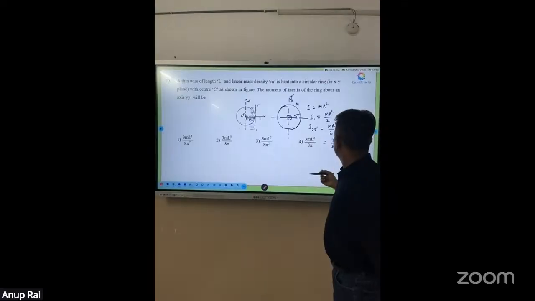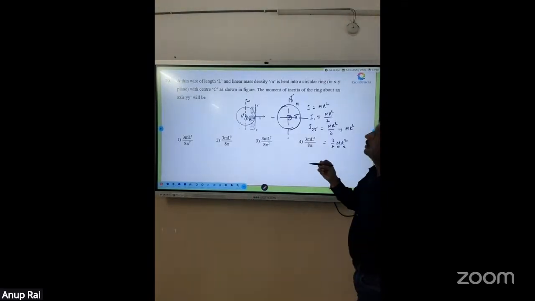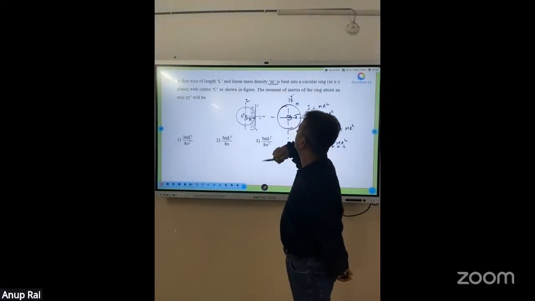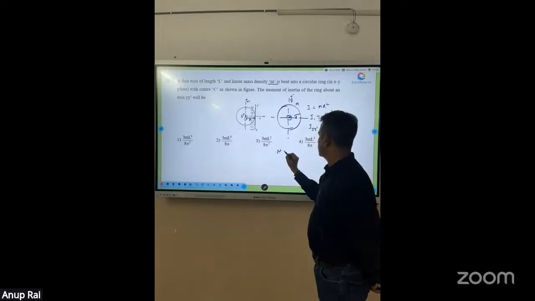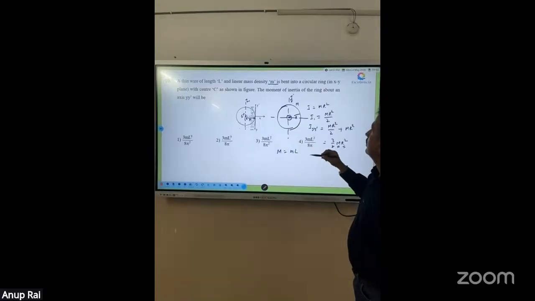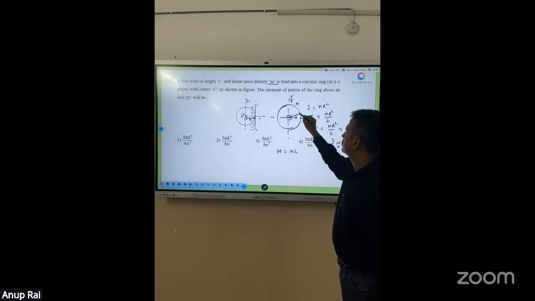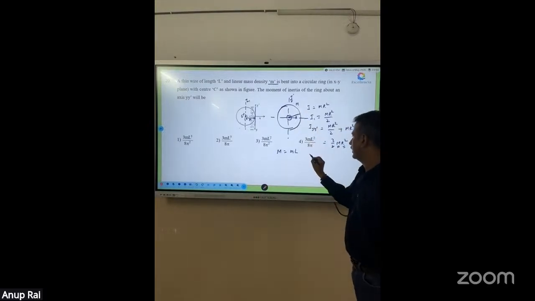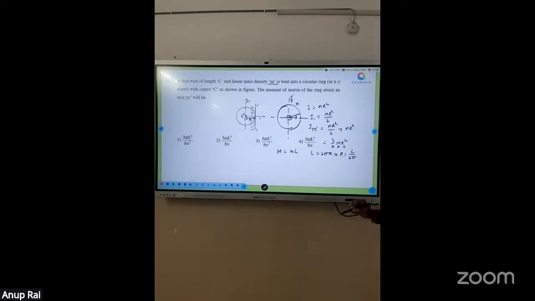Now, they have not given the total mass of the ring and the radius of the ring directly. Rather, they have given the mass density, mass per unit length, and the length. So total mass is going to be mass per unit length into the length, and the same length L is bent into a circle of radius R. So circumference must be equal to length, so L is equal to 2 pi R. That R can be written as L upon 2 pi. We can put all these things in.